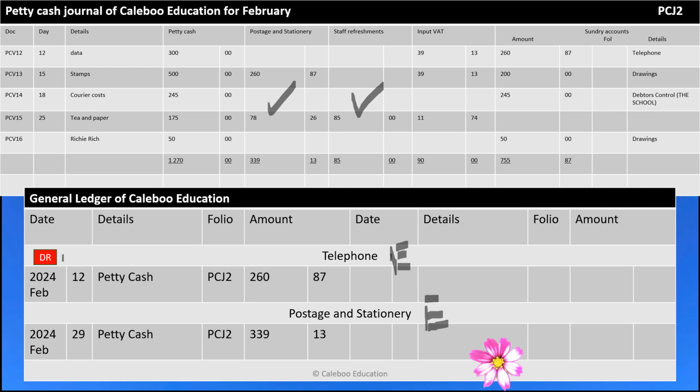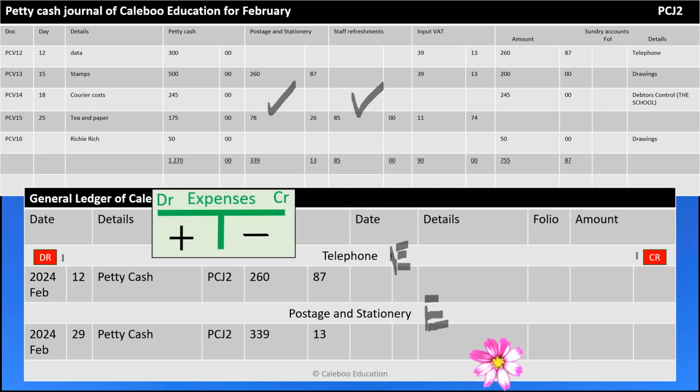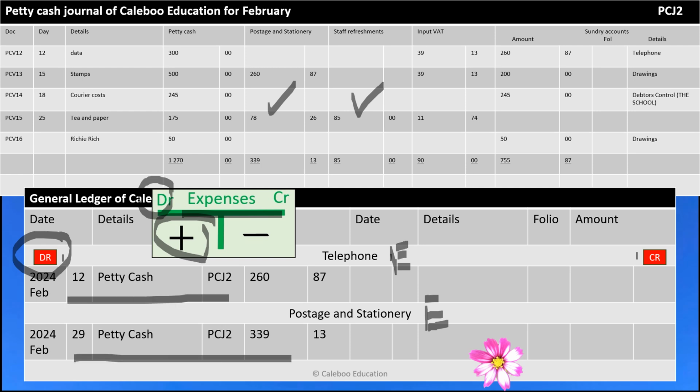Keep reminding you, left hand side debit, right hand side credit. And why were these accounts both debited? Because the rule says if there's an increase in expense, the account must be debited. So the entry has gone on the debit side. This was on the 12th because telephone appeared under sundry.